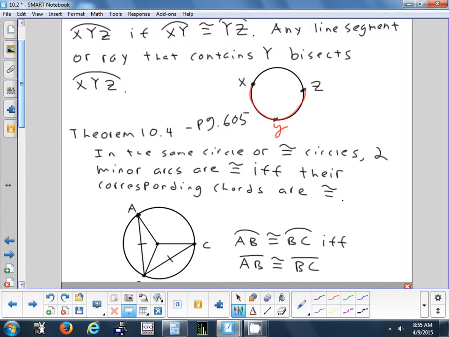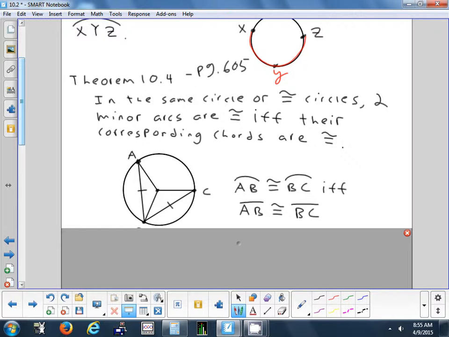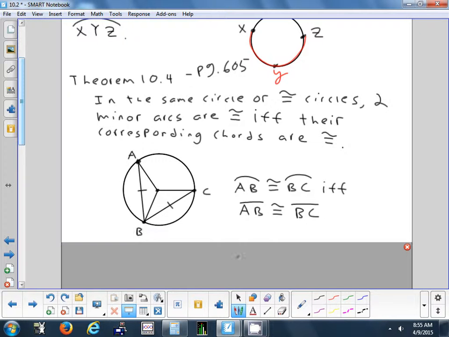Okay, so here's a picture of that. All right, so I have arc AB. Okay, that's one arc. Then I have arc BC. I'm saying those two arcs will be congruent as long as AB and BC are congruent. Okay. AB is the chord that corresponds to arc AB. BC is the chord that corresponds to arc BC.